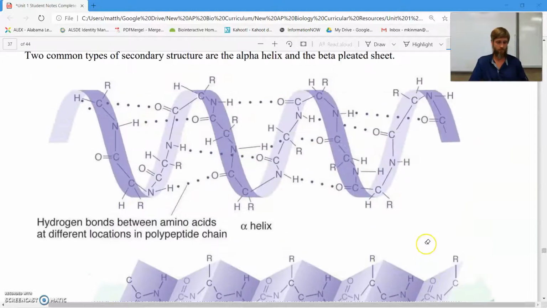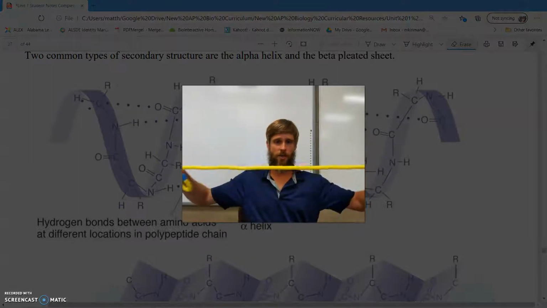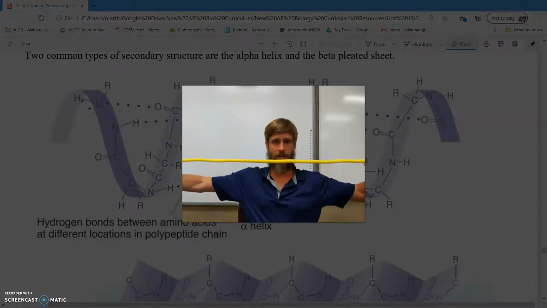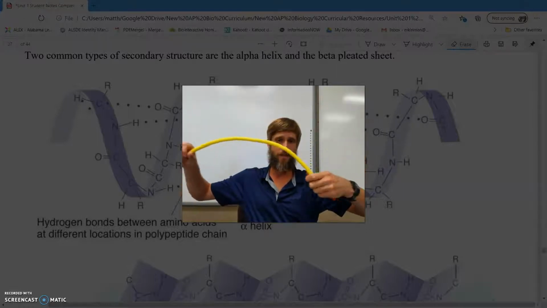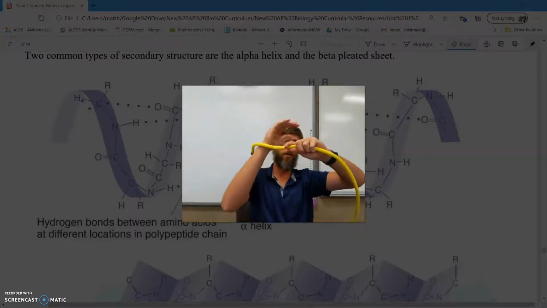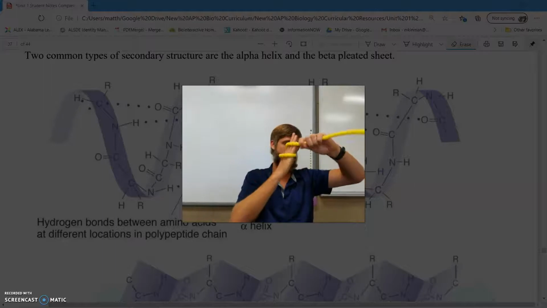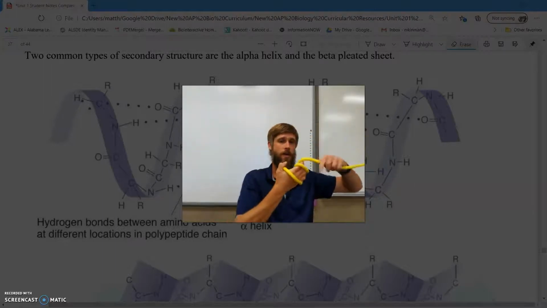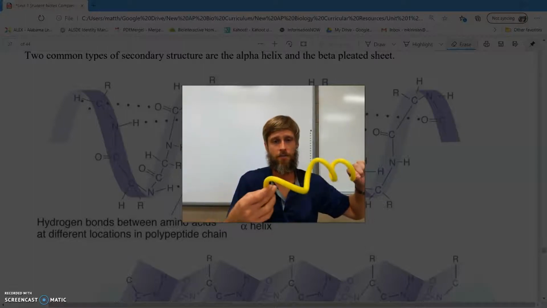All right, so for example, here's my primary structure. It is linear. Now, due to the characteristics of each amino acid, what can happen is I can form an alpha helix. So if I just wrap this around my hand, like so, not knock everything down, we start to form an alpha helix.